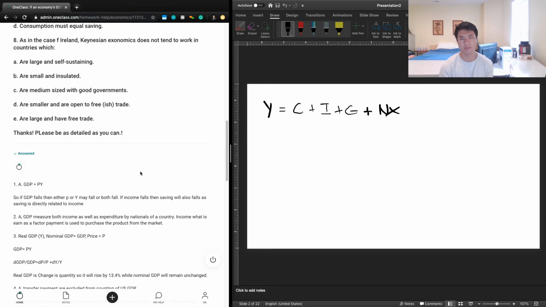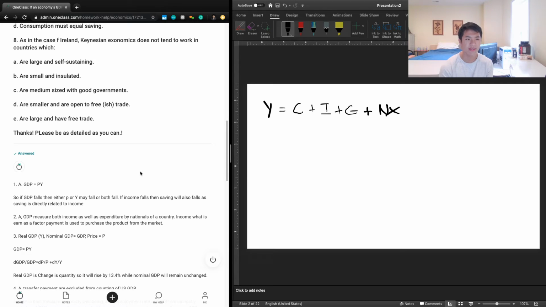So in this question, you're basically asking, what are reasons why Keynesian economics might not work? As a refresher, Keynesian economics refers to when the domestic government engages in fiscal policy, either lowering taxes or increasing government spending, in order to help stimulate the economy and meet the needs of the economy in terms of growth.